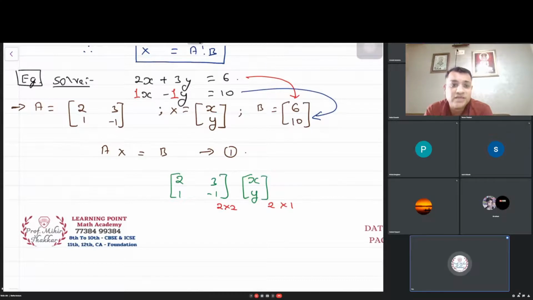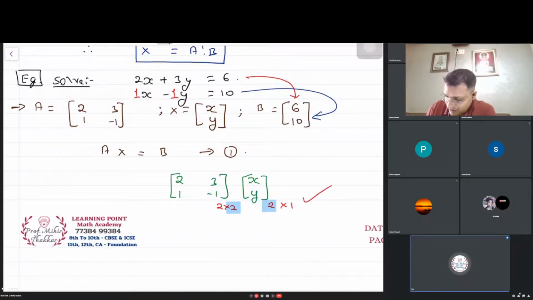So you remember the property of multiplication of matrices, which says that the number of columns in the first matrix has to be equal to the number of rows of the second matrix. So if I take the matrix X as a column matrix, only then this property is going to get satisfied.